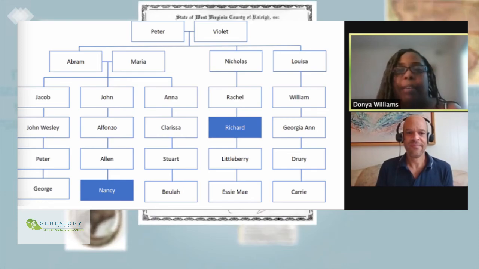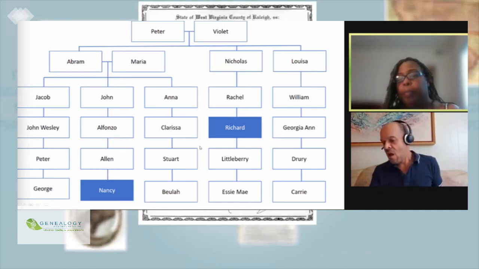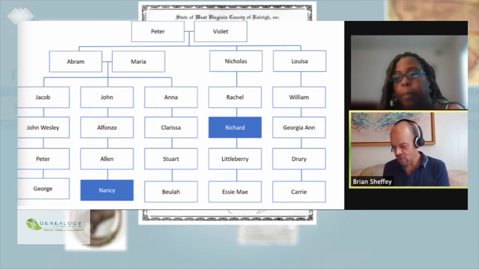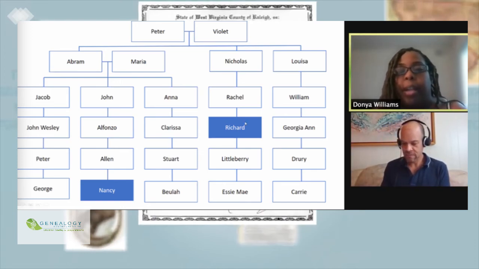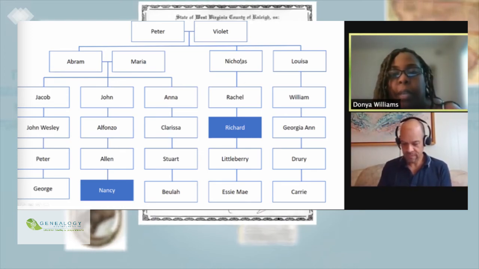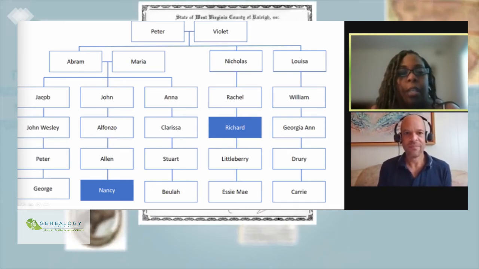Let's give the answer. If you want to shout that out as I get my notes ready. So the answer for this one, you got Nicholas, Rachel, Richard. Richard is John's first cousin once removed. And so this moves over to second cousins, right?